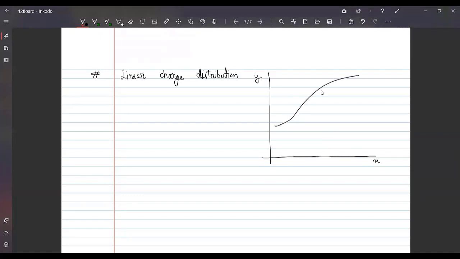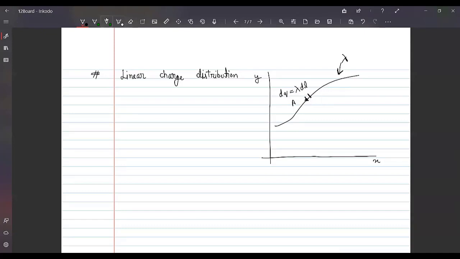The initial point, call it point A, is now a length, and the value of the charge will be lambda dl, if this line is linearly charged with lambda. So the charge on this small region will be lambda times dl.